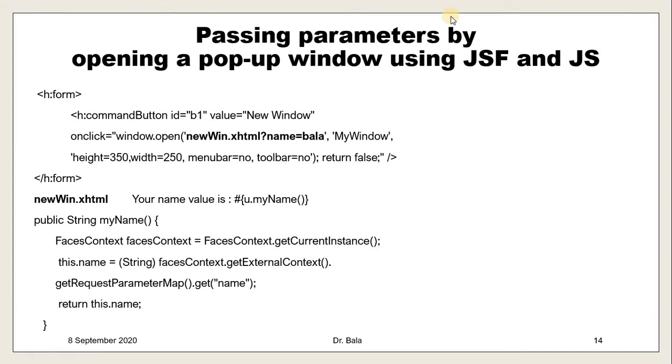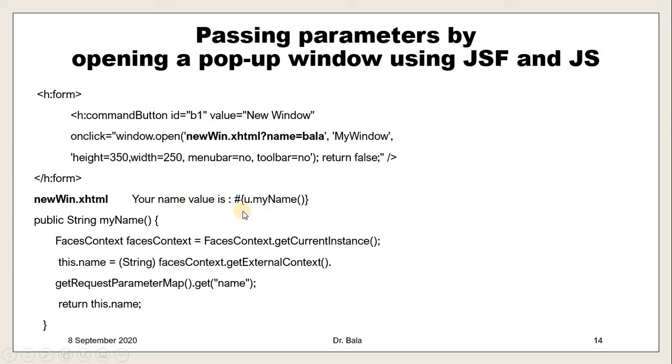The next is passing parameter by opening a pop-up window using JSF and JS. We are going to use the form tag in the design window, one XHTML file from which I am going to open the pop-up. Next, I am going to create another file. For example, I created a new win XHTML file, a separate file, in which I am calling the name value, u.myname_value.